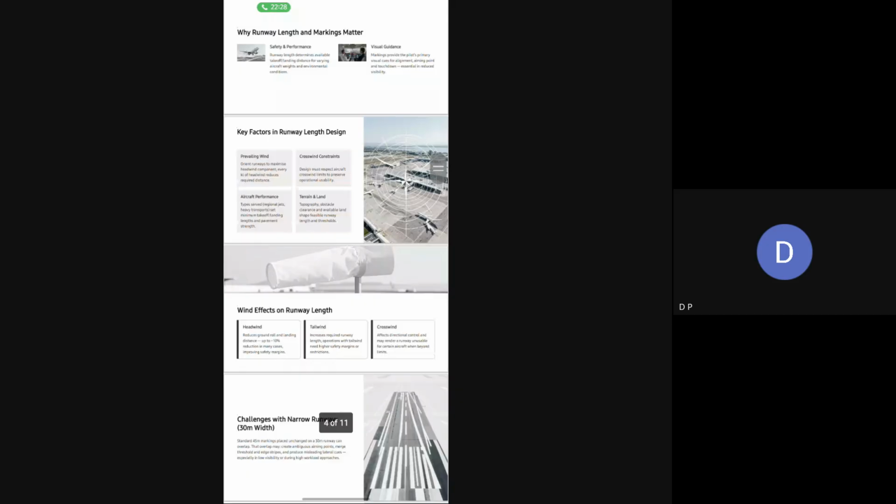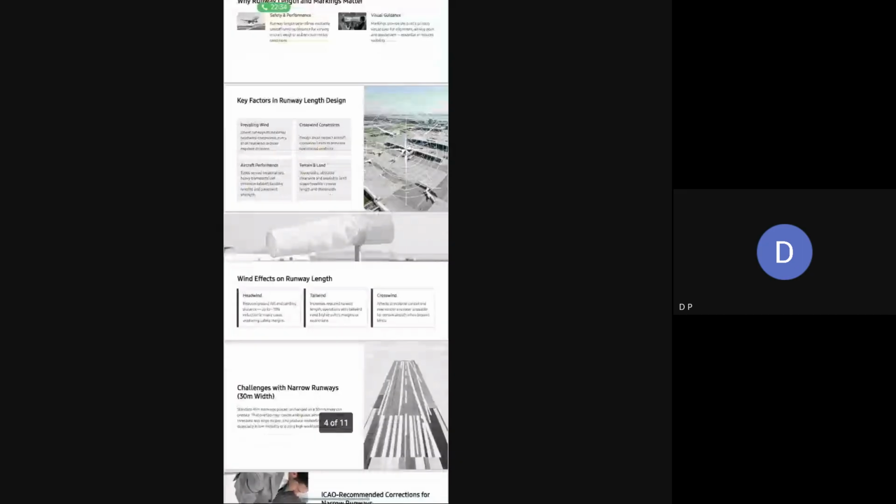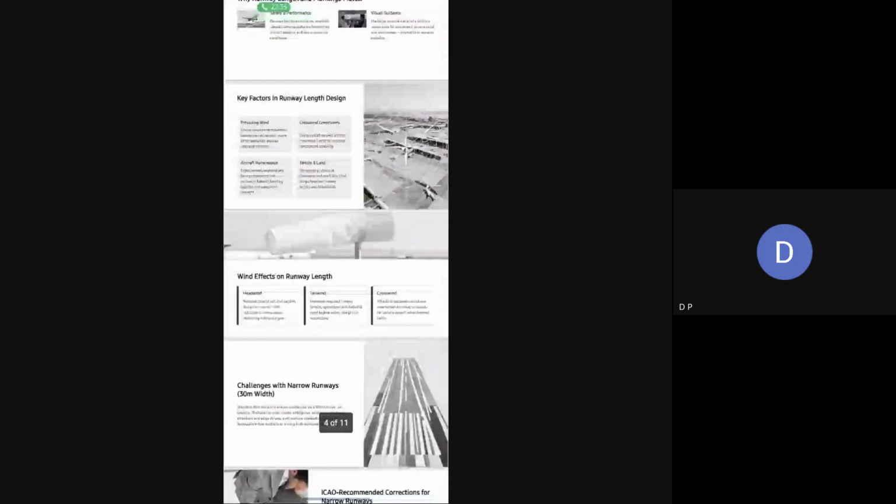Key factors in runway lane design: prevailing wind, crosswind, aircraft performance, terrain and land.